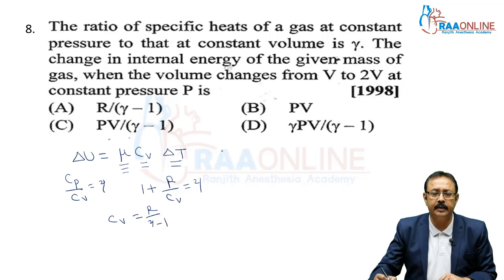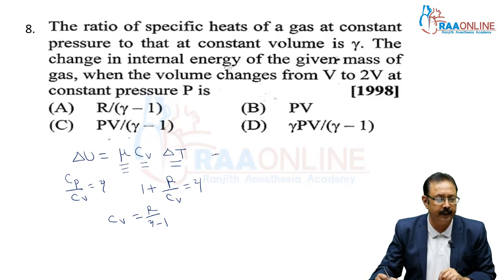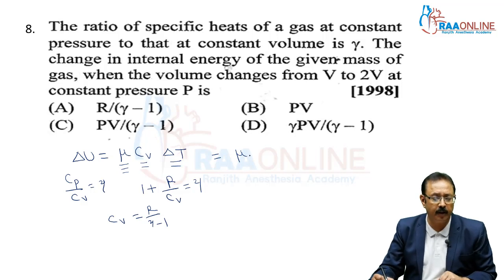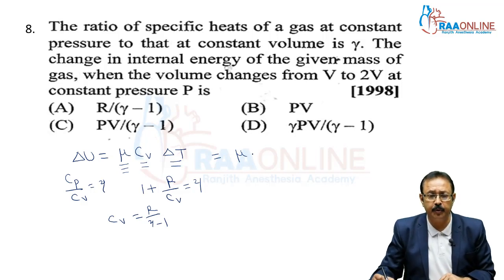Now using this, we calculate delta U. It is mu, the number of moles, into Cv. In place of Cv, we are going to write R upon gamma minus 1 into delta T.